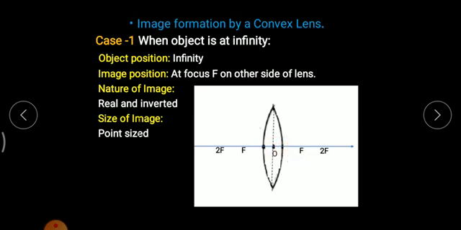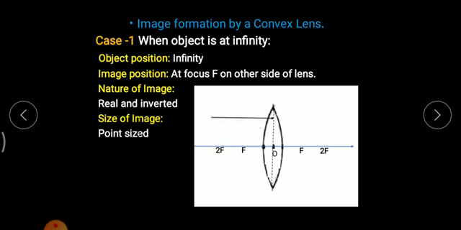The distance between the optical center and f is the focus, and 2 times of f is 2f. Again, the distance between the optical center and 2f is the radius of curvature. If the distance from the optical center to f is 1, then 2f would be 2 times of f. Here also 2 times of f, here also 2 times of f.